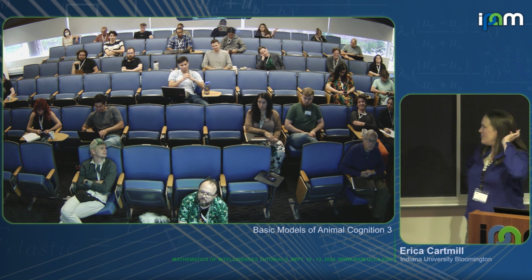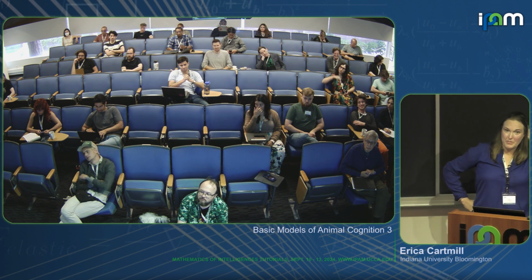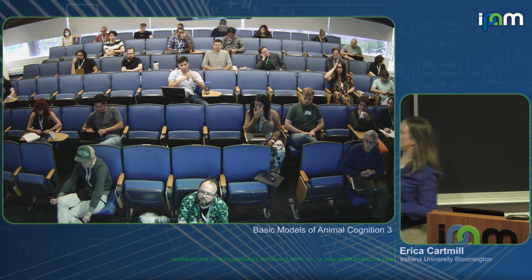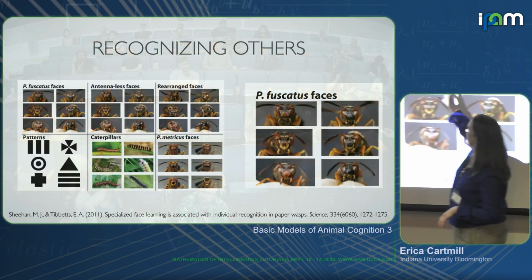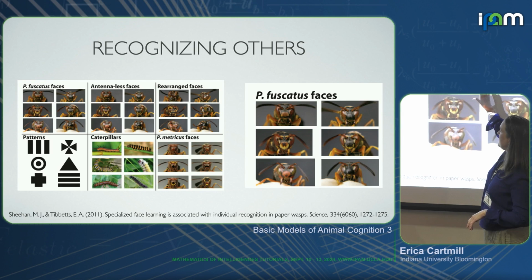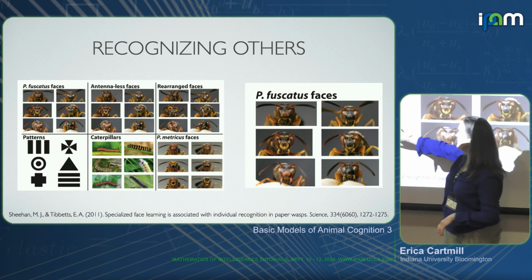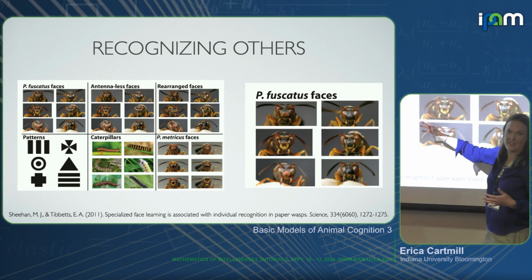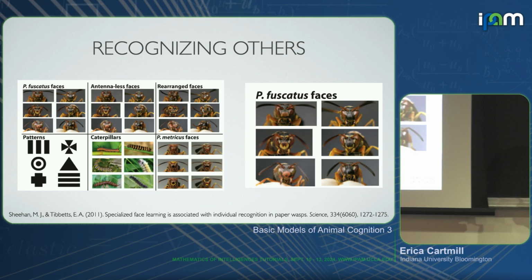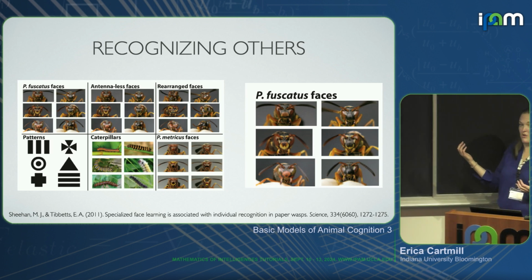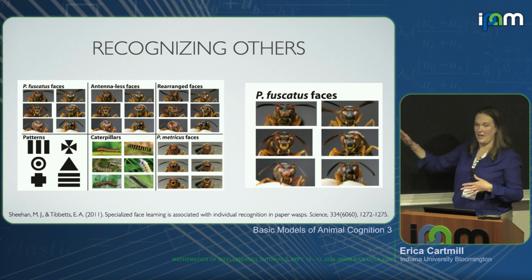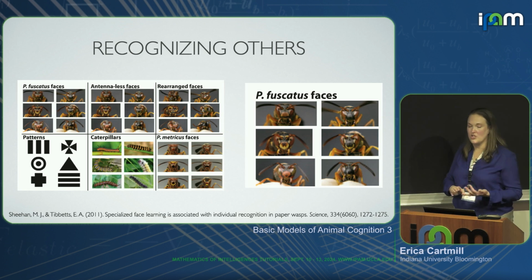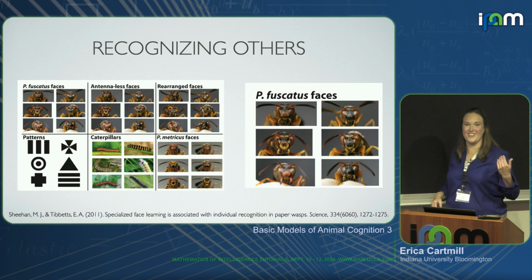Yeah, I also don't know why, but some species do. This Fuscatus is very good at discriminating between individuals. This closely related species cannot do it. I think it's a great question. I do not know enough about the socioecology of the wasps to know why they would have been selected for it. I know sheep are better at recognizing sheep faces than goat faces, those kinds of things.